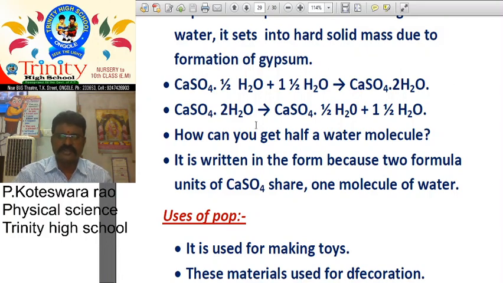In that 2, 1.5 are eliminated. What about the remaining one? Half a water molecule. This is the preparation of CaSO4·½H2O.